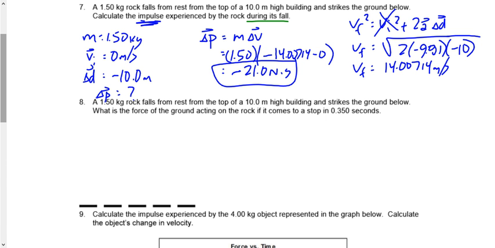0. So how much does it have as it strikes the ground? Not after it struck the ground, but as it strikes the ground. Not 0. Negative 21. It gained 21 in the downward direction, right? So we're going to say the impulse experienced by this rock when it hits the ground is what?